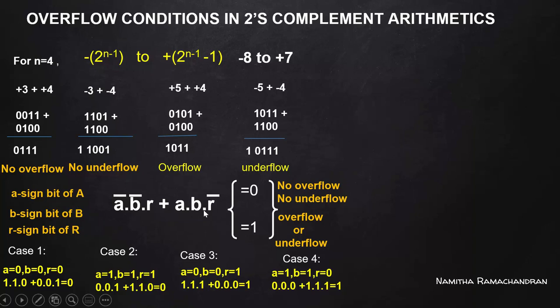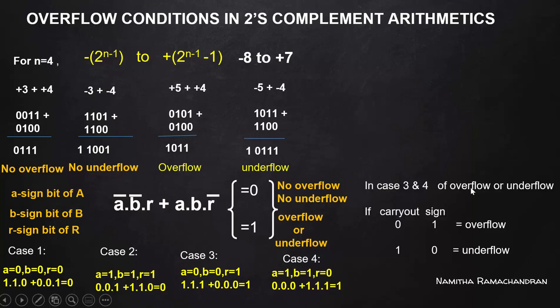So using this expression we can understand whether the generated result is correct or whether it indicates an overflow or underflow condition. And again, we can understand whether it is an overflow or underflow. In case 3 and case 4, we can distinguish whether it is an overflow or an underflow based on the last two bits, the carry out bit and sign bit.